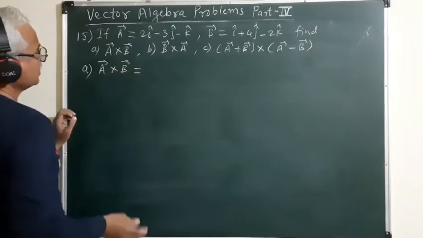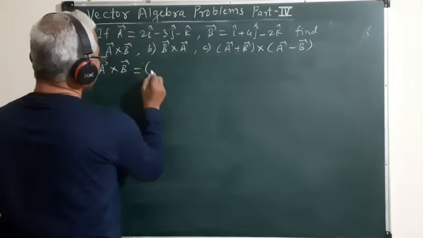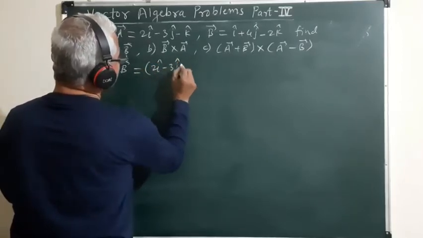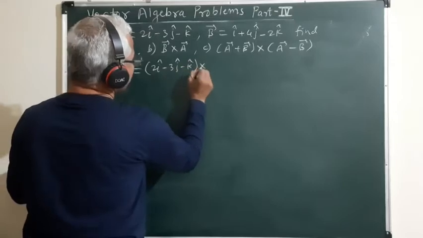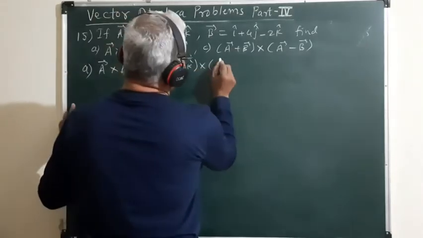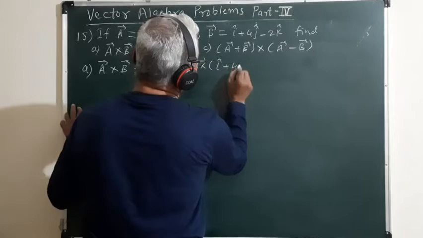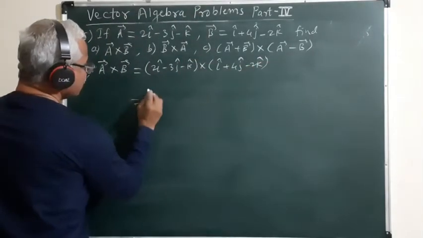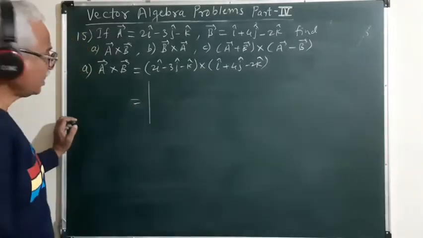As we have seen, the cross product of the two vectors, that is 2i cap minus 3j cap minus k cap cross i cap plus 4j cap minus 2k cap, can be expressed in the form of a determinant.